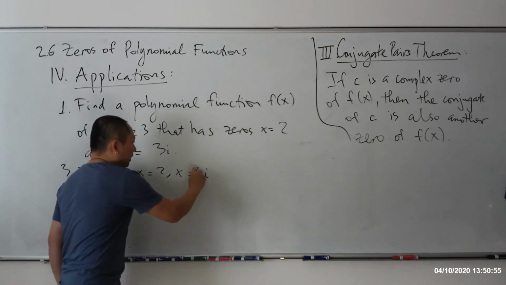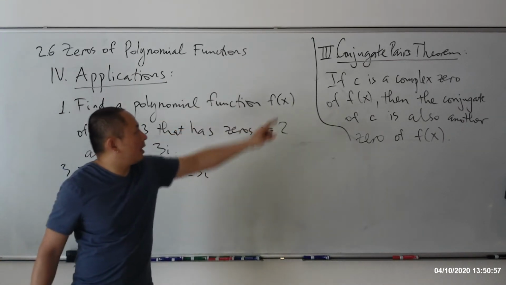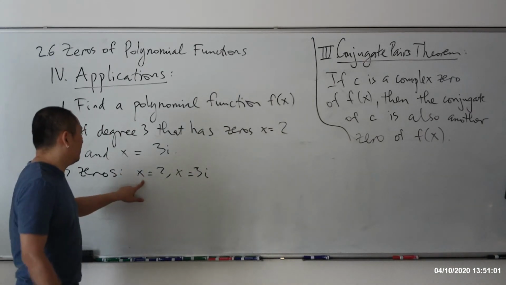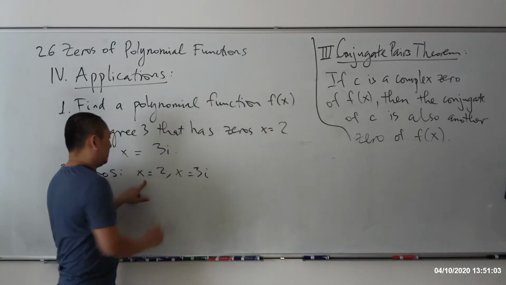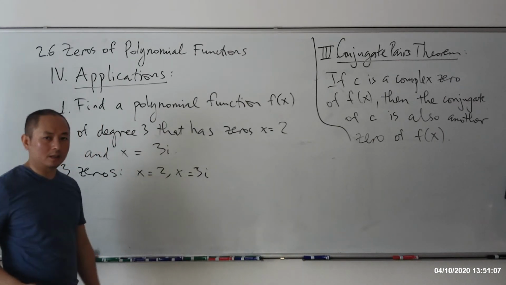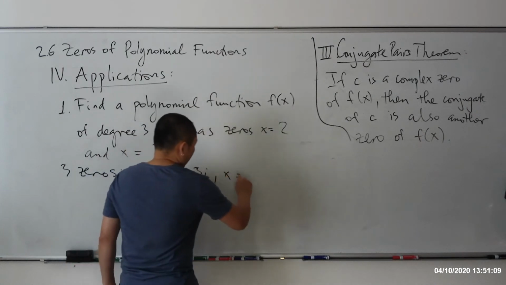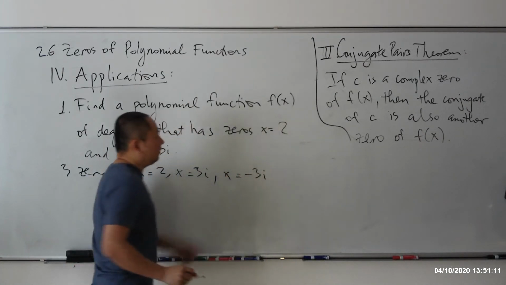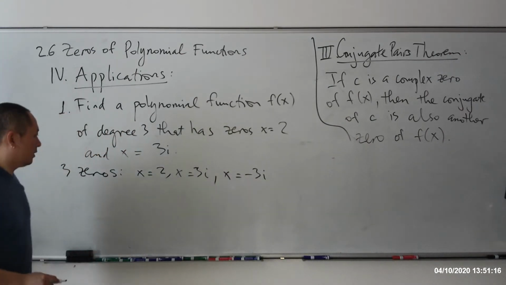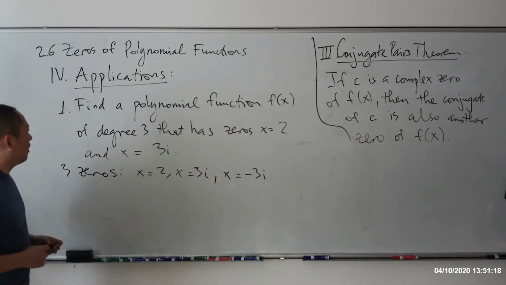We have to find the third one. Now I'm going to use the third theorem, the conjugate pairs theorem, to find it. I see that 2 is a real number, so there's no conjugate to talk about. This is 3i. The conjugate of 3i is x equal to negative 3i. Okay, by the conjugate pair theorem, this will be the third zero of the polynomial function.